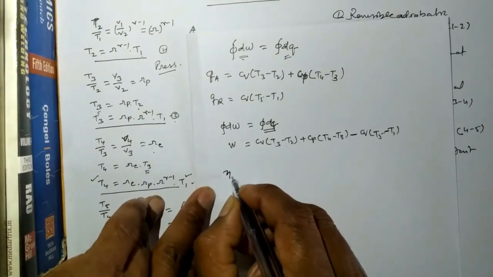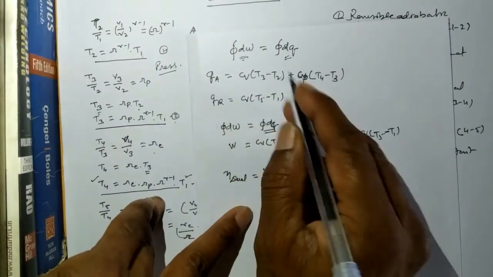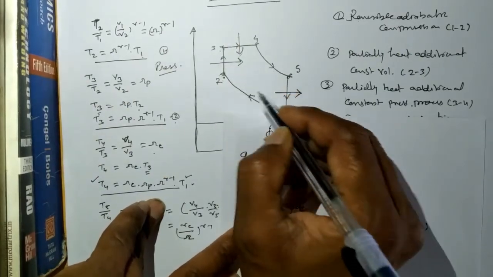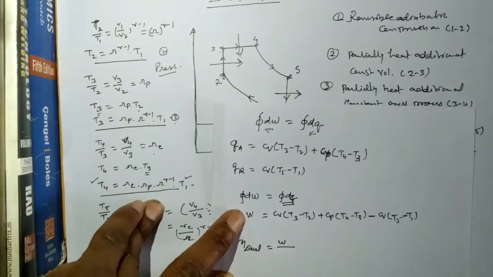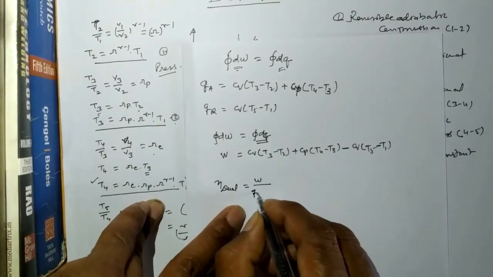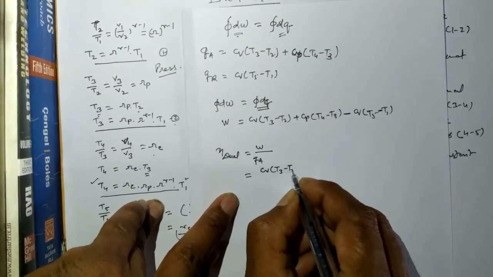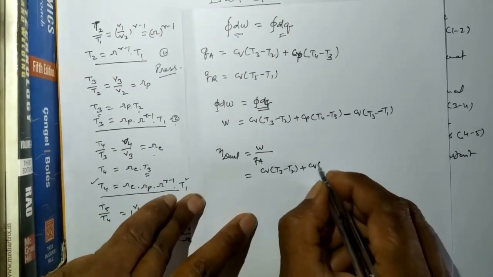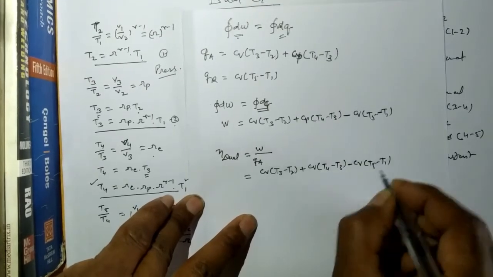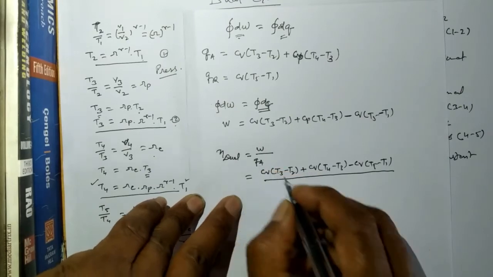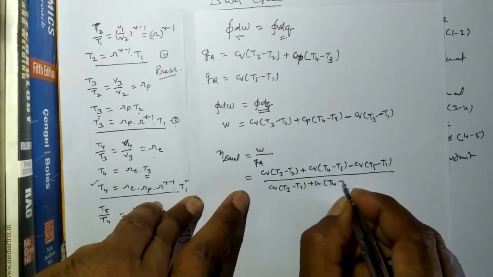And the efficiency of the dual cycle will equal work done during this whole cycle divided by heat supplied, that is QA. Now it becomes Cv (T3 minus T2) plus Cp (T4 minus T3) minus Cv (T5 minus T1), divided by QA, that is Cv (T3 minus T2) plus Cp (T4 minus T3).